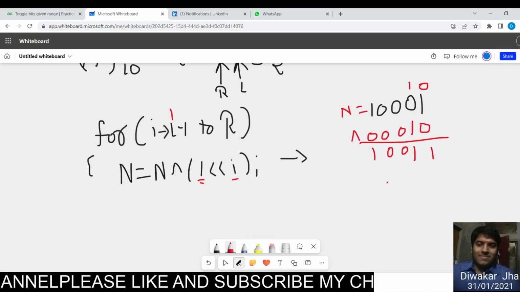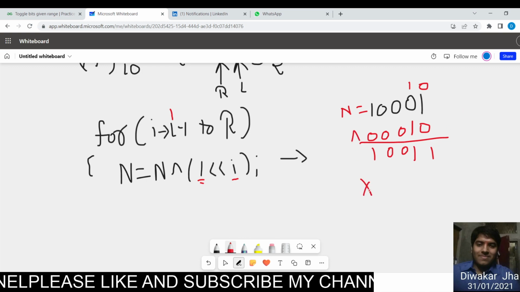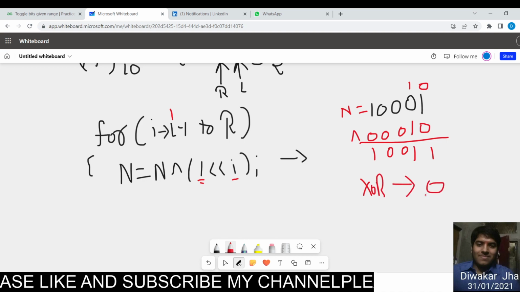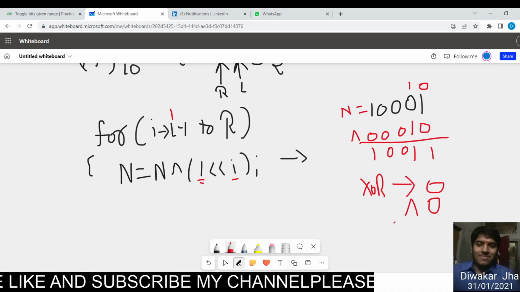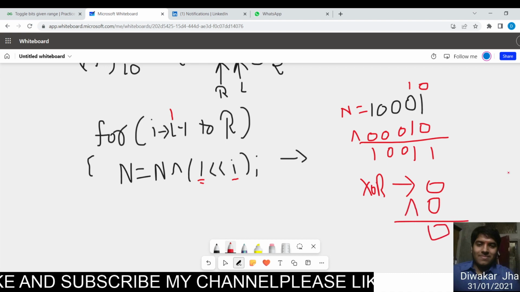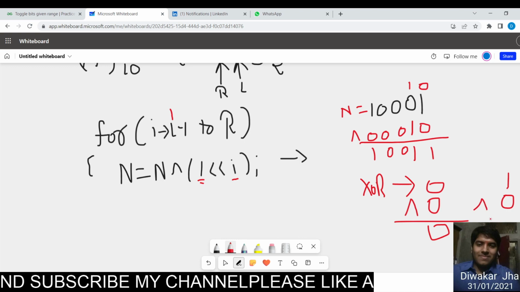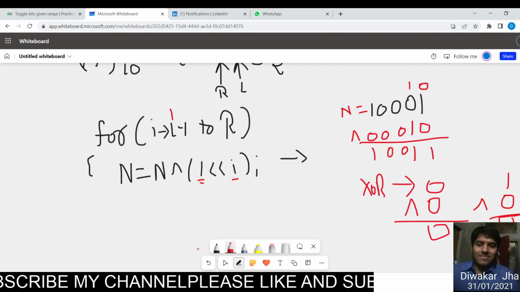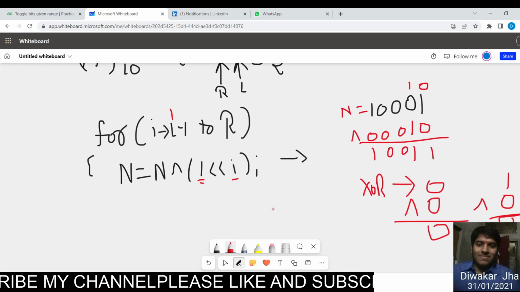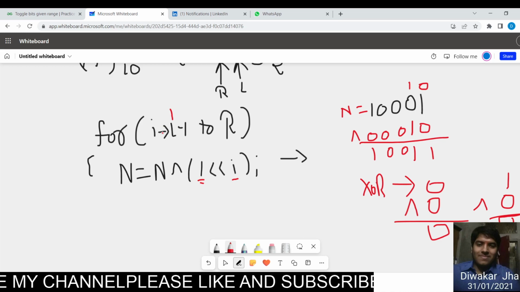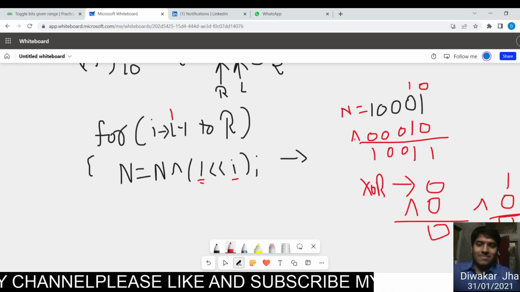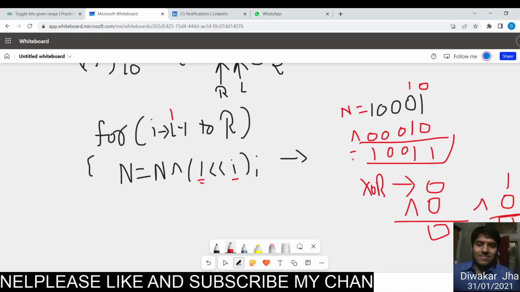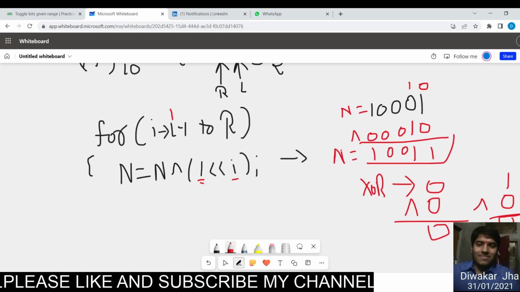You know very well that in the XOR operation, the same bits give 0 and different bits give 1. I hope you all understood this XOR property. So on this first time, when i is 1, n becomes this value.